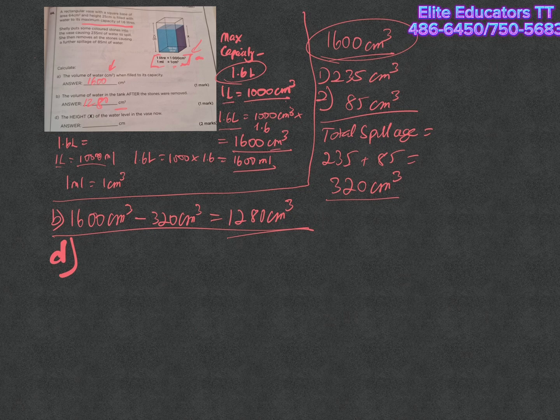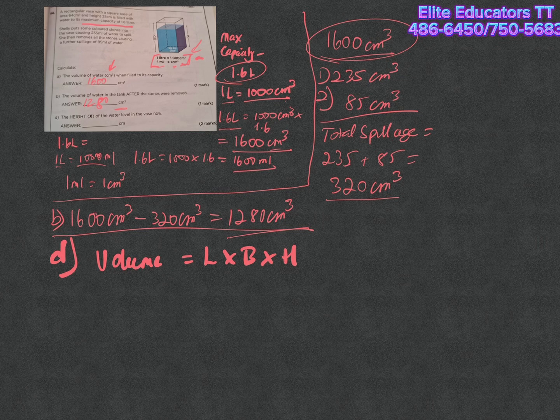So the part D is the height x of the water level in the vase now. Answer in centimeters. So in a situation like this, we have volume, which in this case would be length by breadth by height, right?